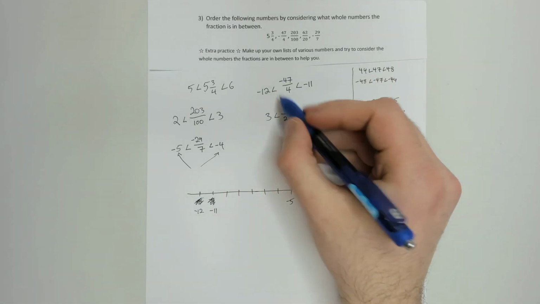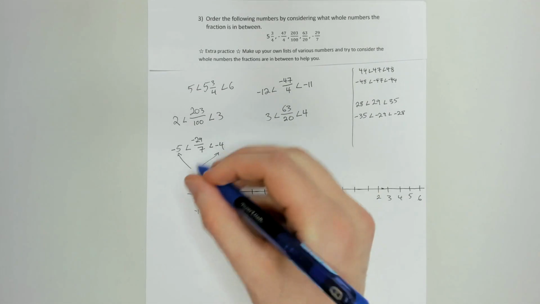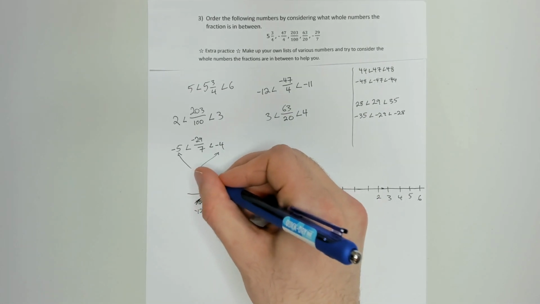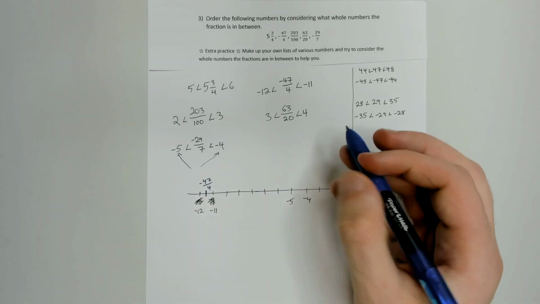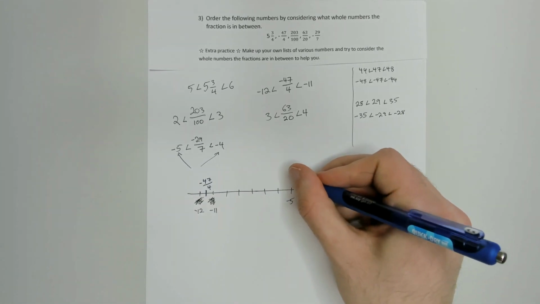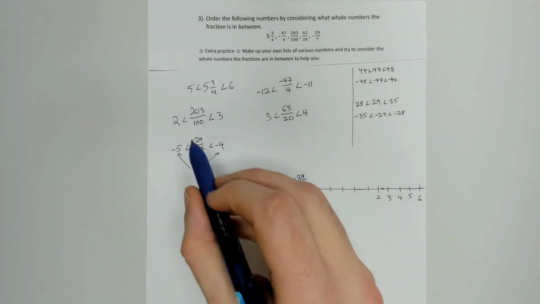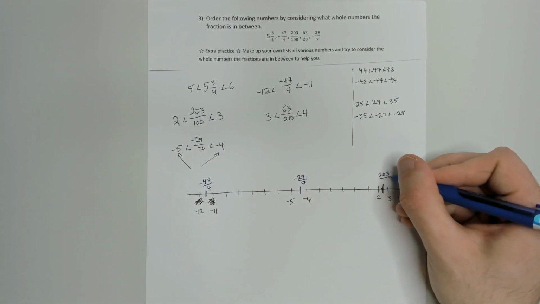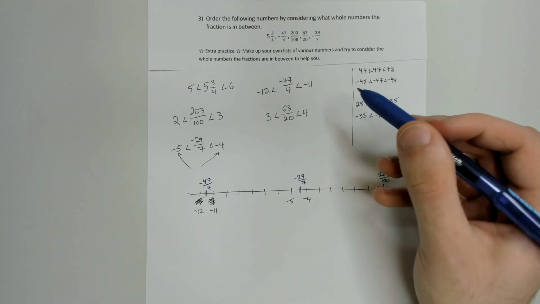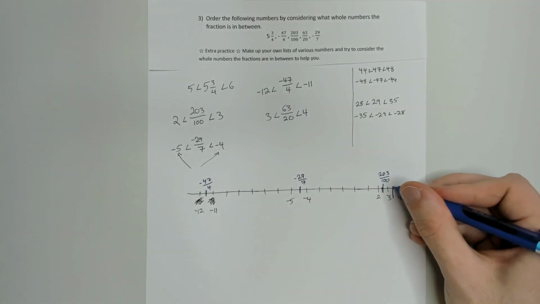So negative 47 over 4, that's between negative 12 and negative 11. Next up, we have negative 29 over 7 is between negative 5 and negative 4. And then we got 203 over 100. That's between 2 and 3. And then between 3 and 4, we have 63 over 20.